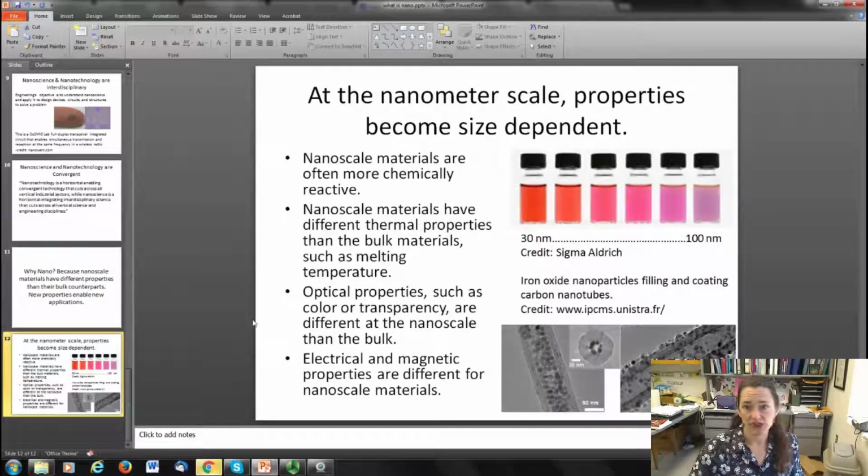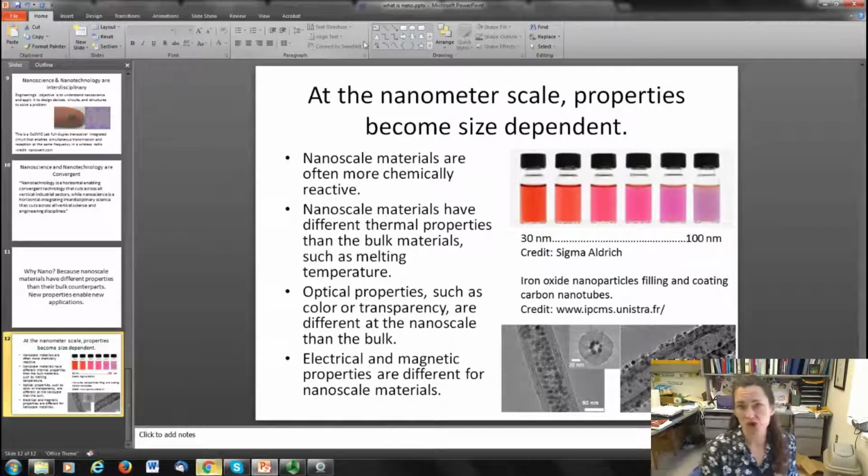I'm just going to say very briefly that at the nanometer scale, properties become size dependent. For example, nanoscale materials are often more chemically reactive. The reason for that, if you've studied any chemistry, is the surface area to volume ratio. A good catalyst, something that speeds up a chemical reaction, has a large surface area to volume ratio.